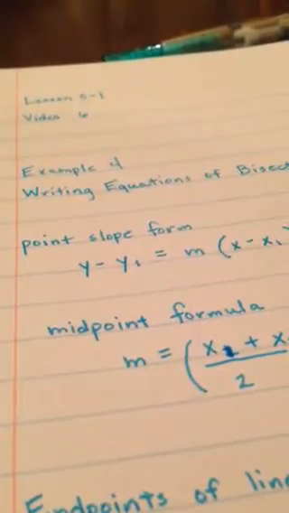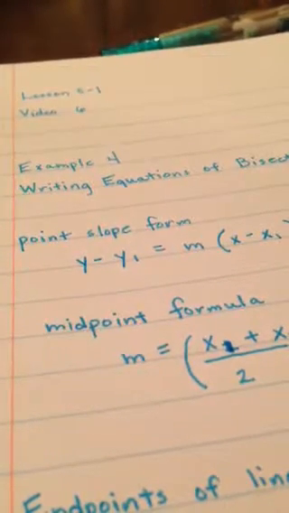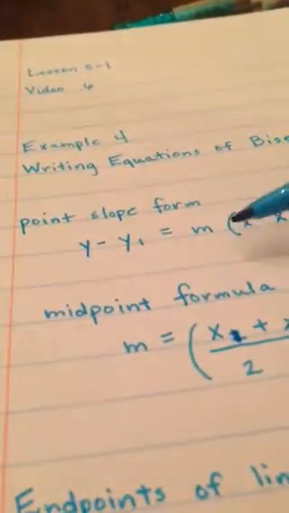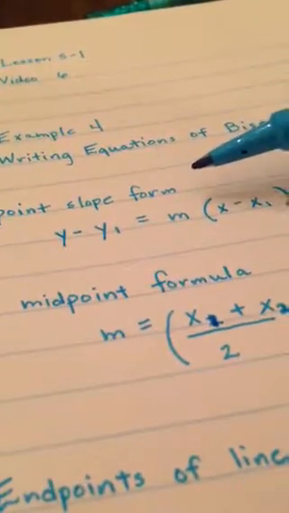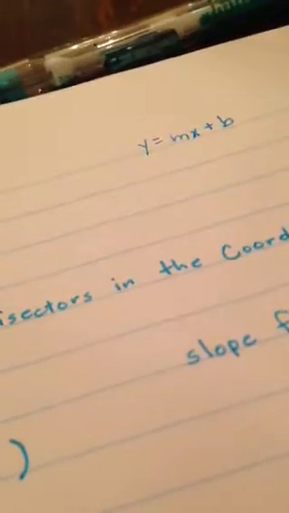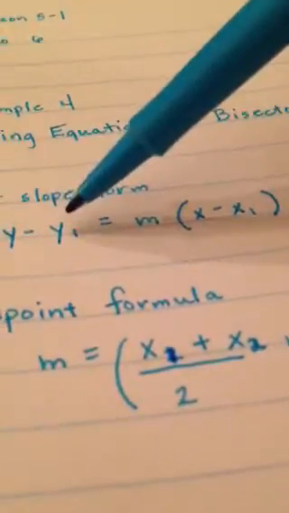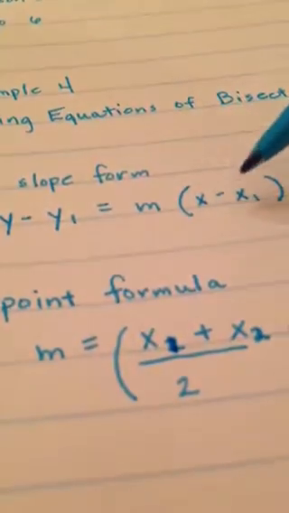They ask for the equation of the line for the perpendicular bisector to be in point slope form. It's been several weeks since we discussed this, so I think we need a quick review. There is one that you are probably more familiar with, and that is slope-intercept form, which is y equals mx plus b. But when we were learning y equals mx plus b this year, we also learned point slope form right along with it, and that is y minus y1 equals m times x minus x1.